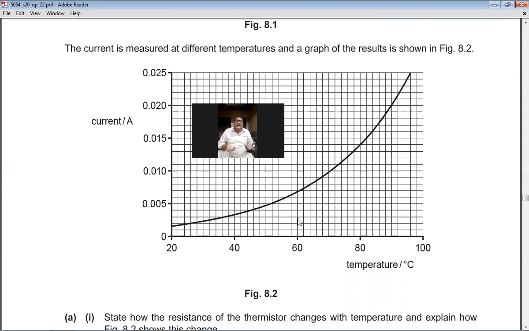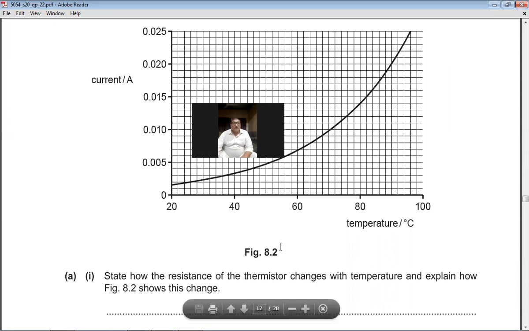So why is the current increasing if the voltage of the battery has not increased, and there is a fixed resistor with it, and that fixed resistance is not changing? That's only possible if the resistance of the thermistor is decreasing. So as the temperature increases, the resistance of the thermistor decreases, and then it's possible that the current will increase.